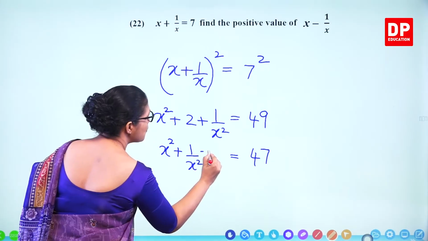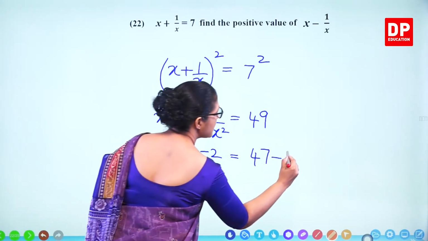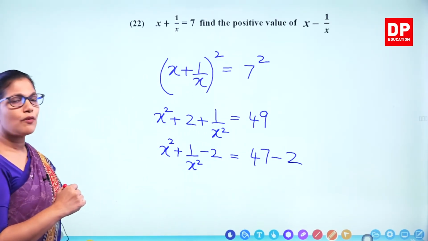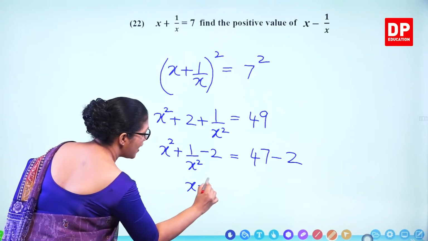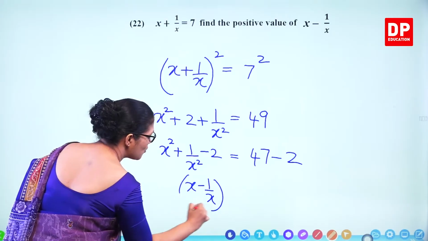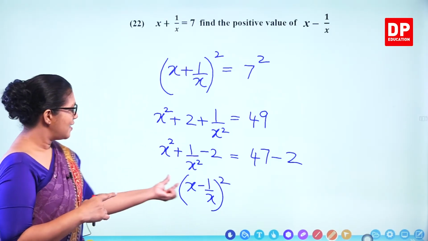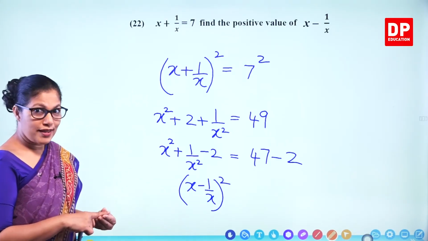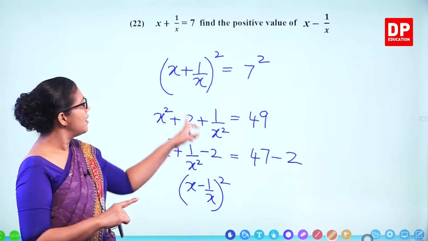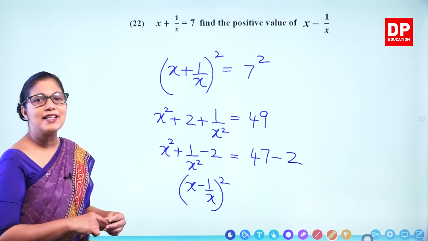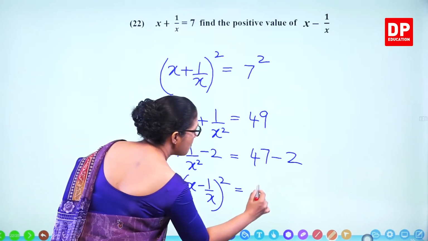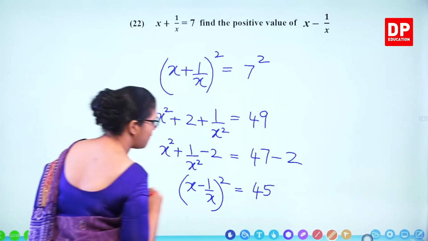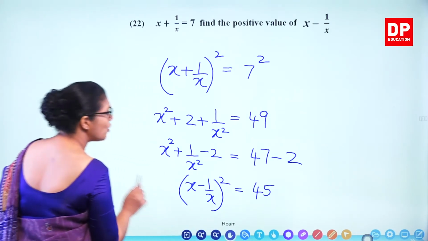So here we'll subtract 2 from both sides. What happens? This becomes x minus 1/x whole thing squared, because the first term and the last term are the same, but the middle term, earlier plus 2, now you get minus 2. So that's equal to 47 minus 2, which is 45. Take the square root of both sides.